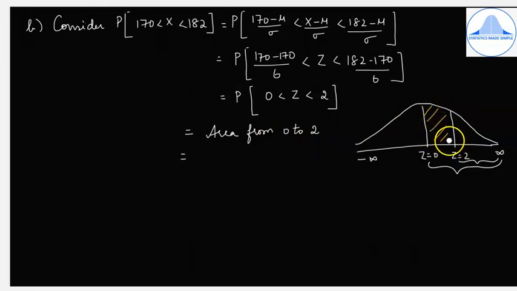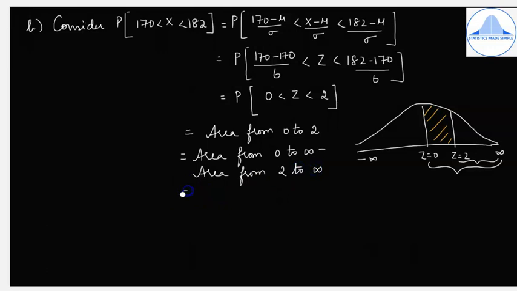How do we get this area? It is nothing but the area from 0 to infinity minus the area from 2 to infinity. That is the larger bracket area minus the smaller bracket area.